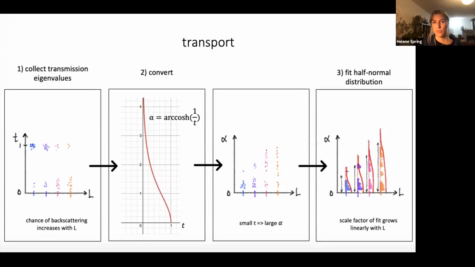What arises from these fits is that the scale factor, proportional to the breadths of these fits, increases linearly with system size, if we have average disorder centered around 0, which is what we expect for our amorphous systems. And this behavior is what we're going to look for in our simulation data.